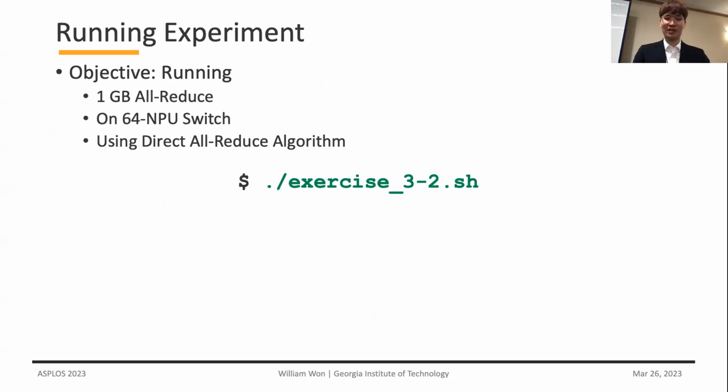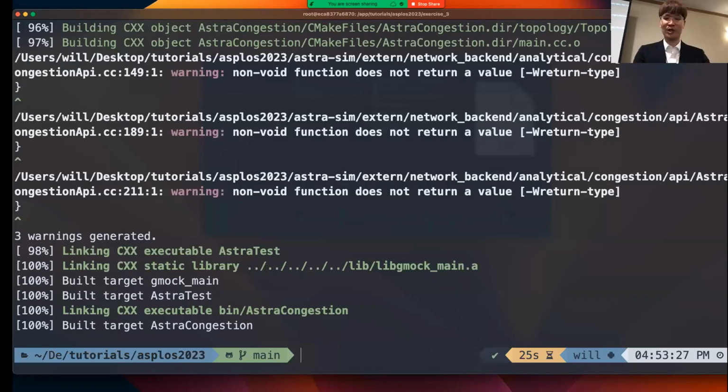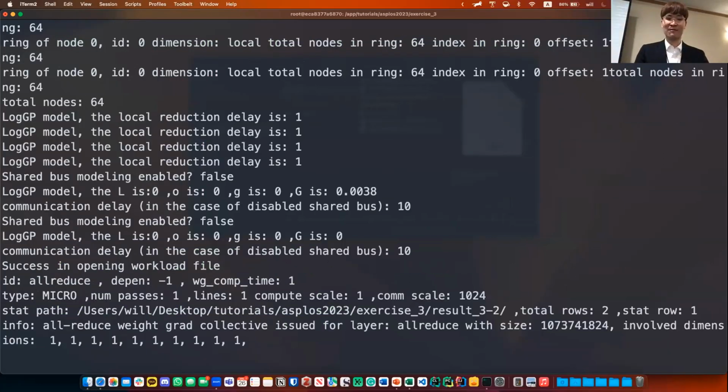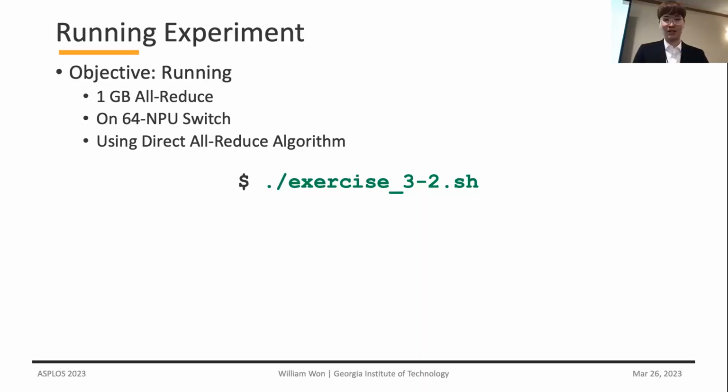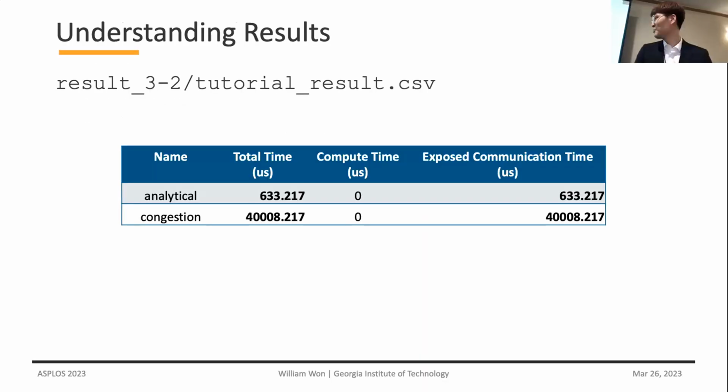So I'll go to exercise 3 and run exercise 2. This runs the same collective on the analytical backend and on the congestion-aware backend. And this is the result. Because the analytical backend doesn't consider congestion at all, the total time reported is really small, which is misleading.